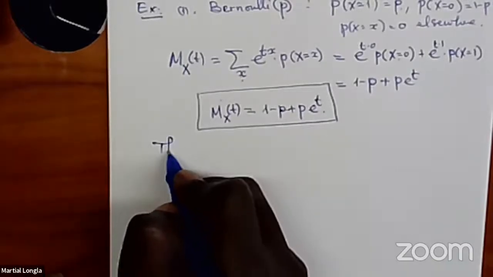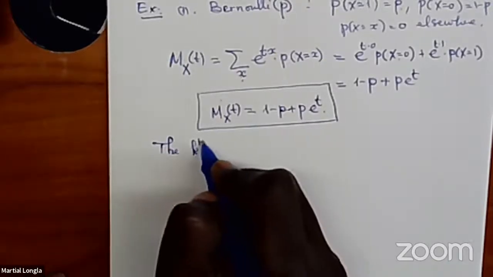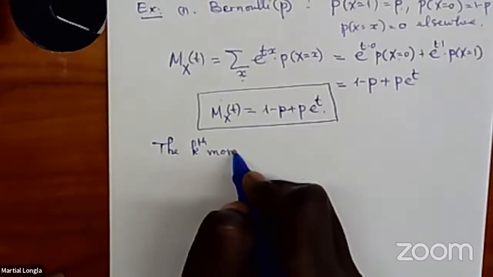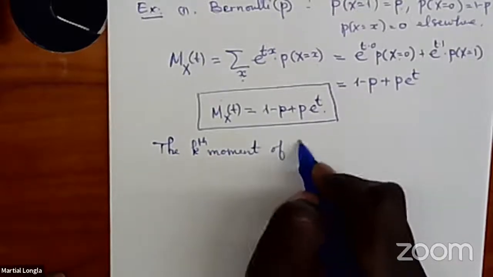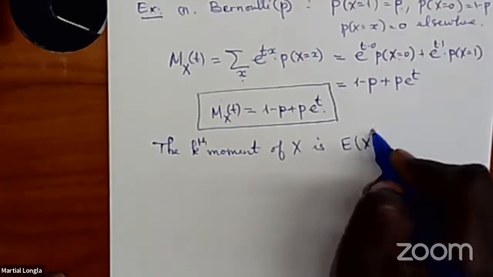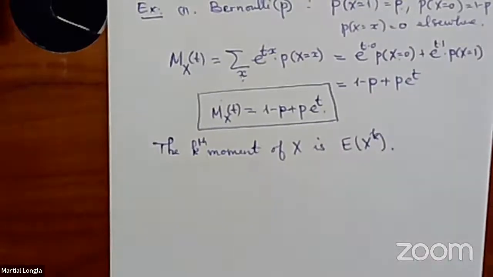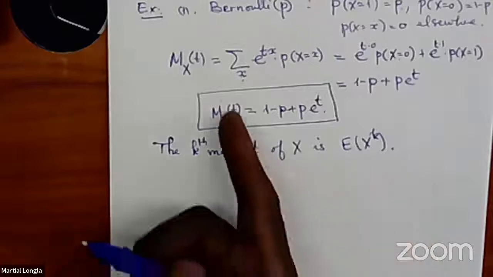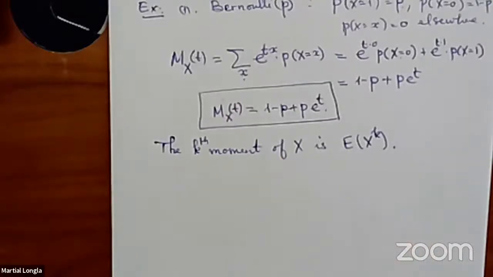So the kth moment of x is the expected value of x raised to the power k. That's what I said. And how do we find those using the moment generating function?